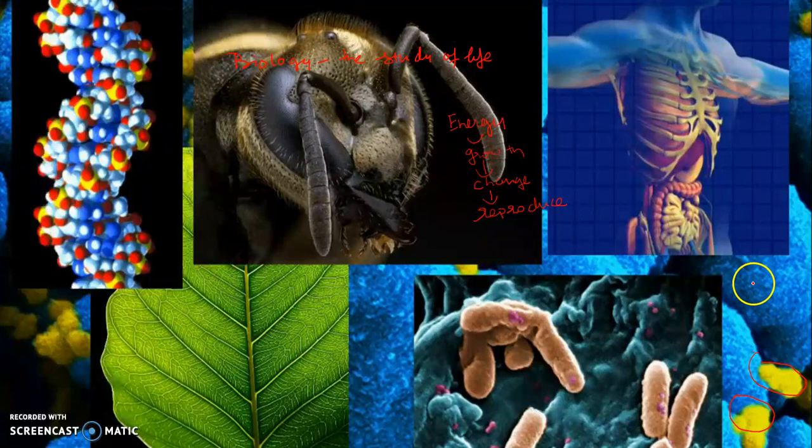You can see these big yellow things, these are the immune cells, and if you compare the size of an immune cell with these HIV viruses, you can imagine how big the cells are as compared to the viruses. Or rather you can say how small the HIV viruses are as compared to the immune cells.